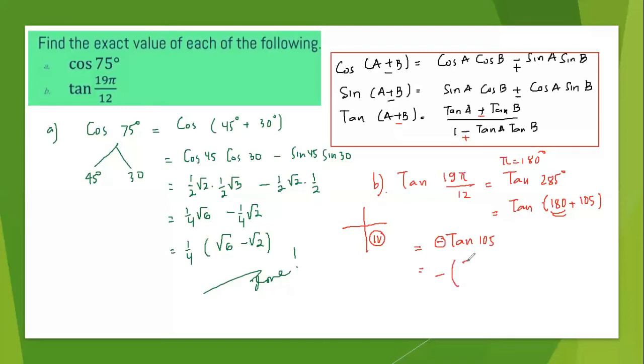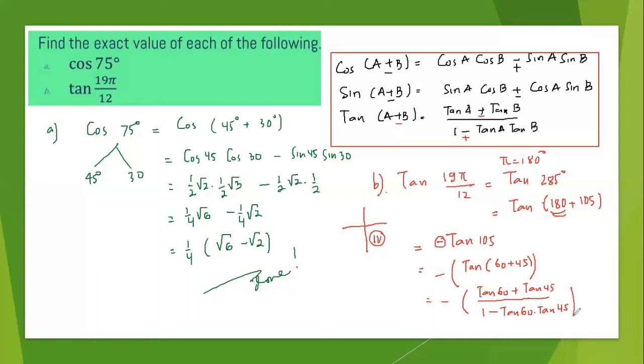Negative, open the bracket, tangent. Please find the two angles for 285: 45 and 60. You have to mention the bigger one first. So equal minus, open the bracket, tangent 60 plus tangent 45 over 1 minus tangent 60 times tangent 45.